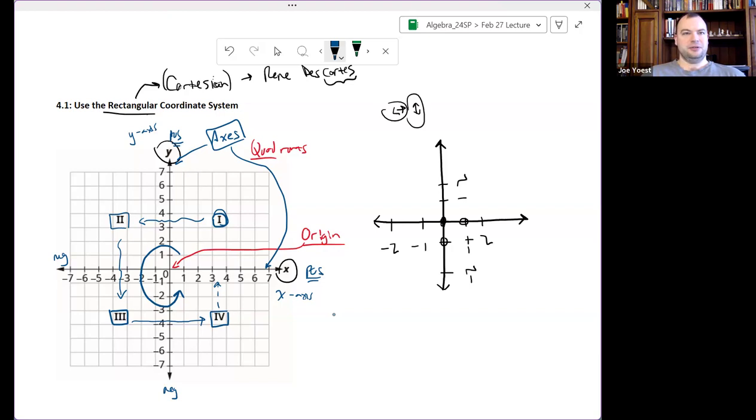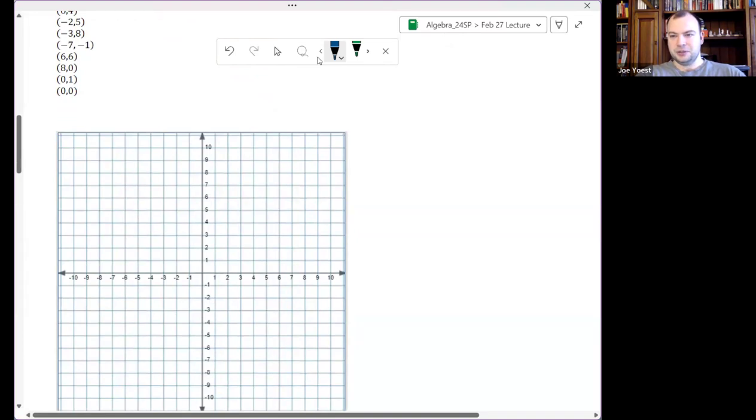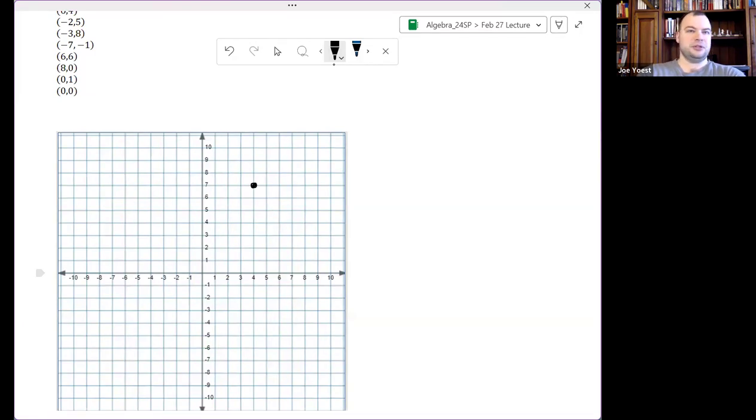The idea of these 2 number lines is to allow us to take, say, some arbitrary point in 2 dimensions, maybe it's this one, and to give its location. The same way that I might say the location of Pittsburgh is so many degrees north in latitude, and so many degrees, whatever direction, in longitude. And then I can pinpoint where Pittsburgh is.